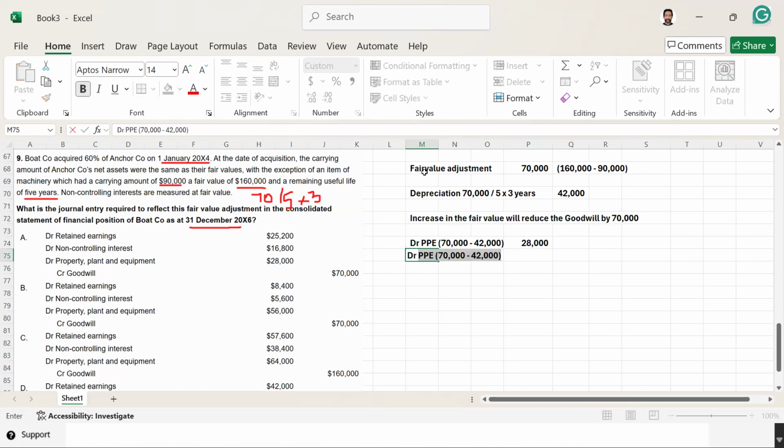So debit the NCI with this depreciation of 42,000 multiplied by the 40%, since the acquisition is 60%.